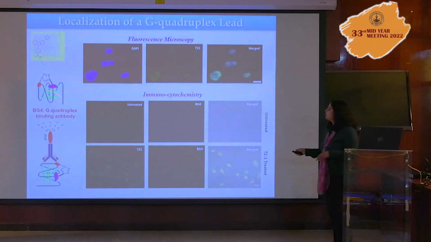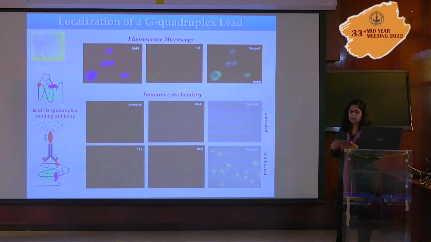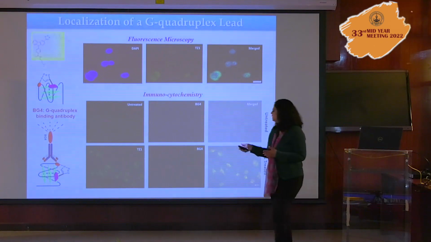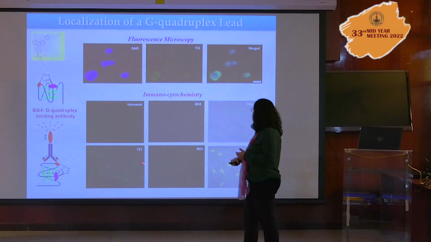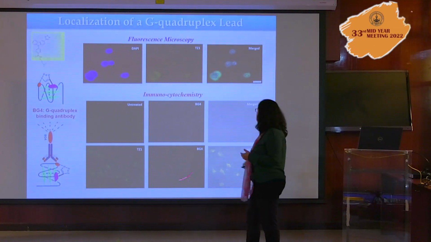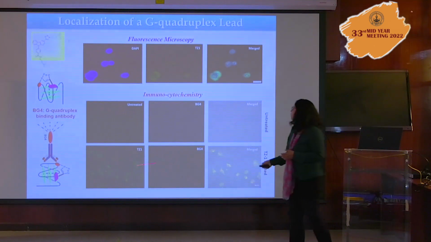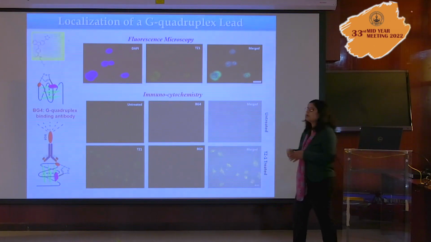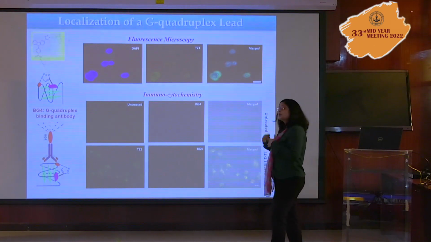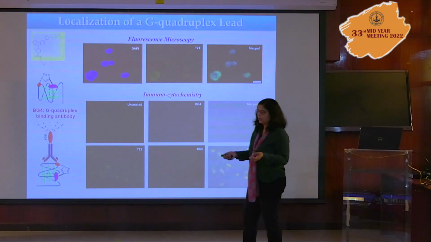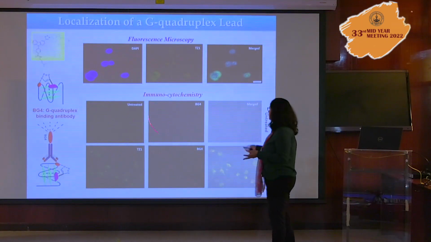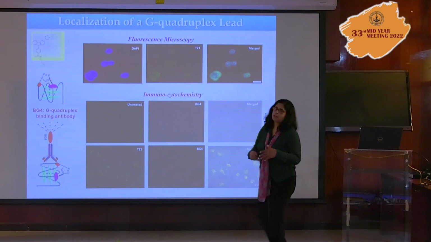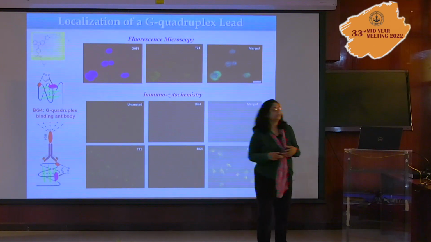BG4 binds to G-quadruplex structures and produces red dots, which indicate the presence of G-quadruplex structures in the cells. Ligand treated cells produced more red dots, which indicates that the ligand co-localizes with BG4 and also induces G-quadruplex structures in the cell. So, this study indicates that the ligand can bind to G-quadruplex structures and also induce their formation in the cancer cells.